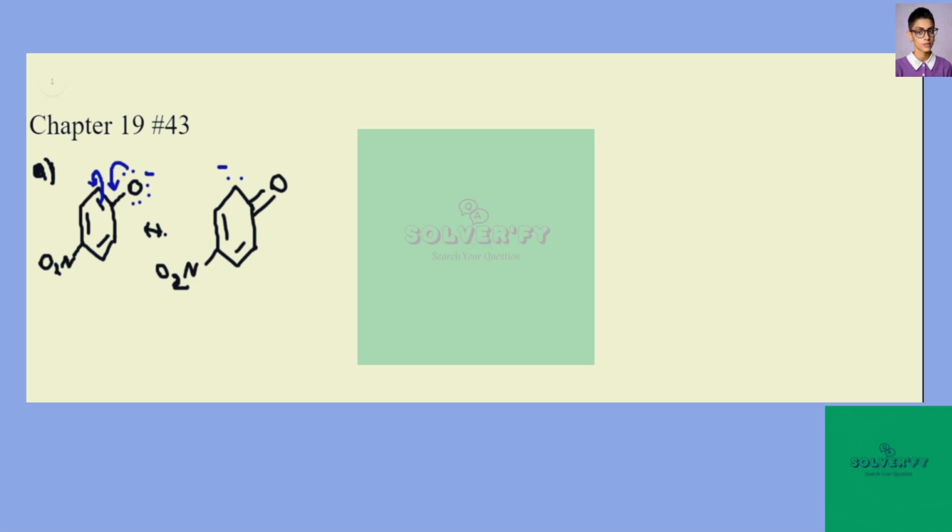And so basically, we're just going to draw resonance structures that move this lone pair around the ring, and eventually it'll end up on the nitro group. So the next potential resonance structure looks like this, where the electrons would move like this to get us there.